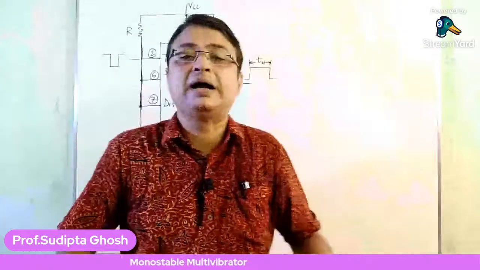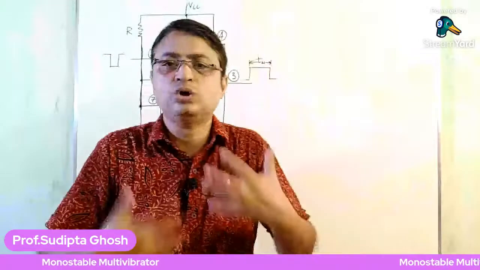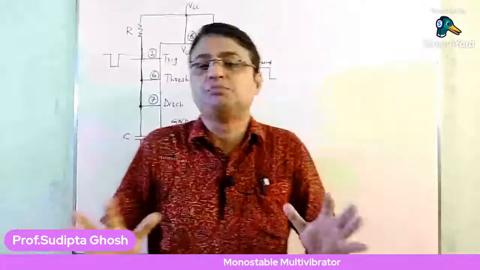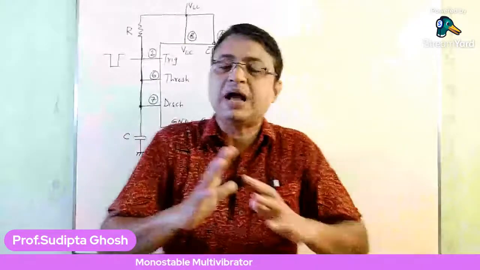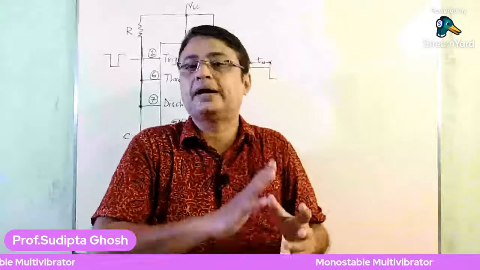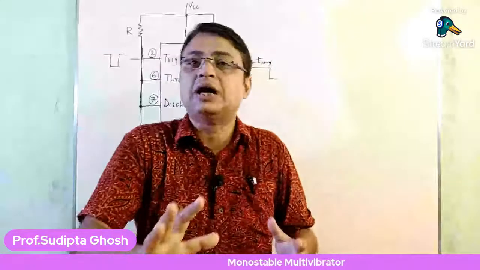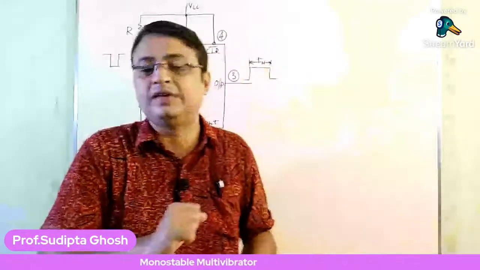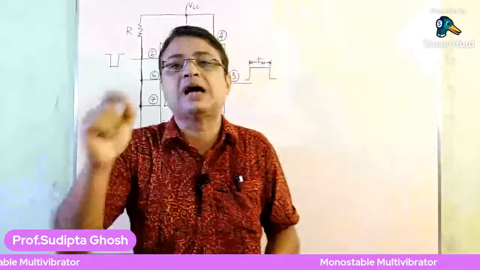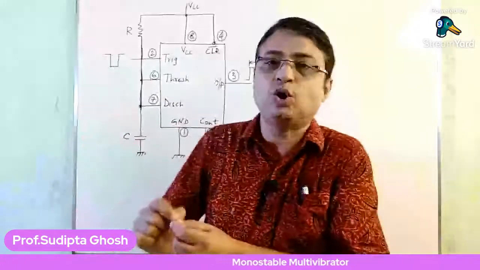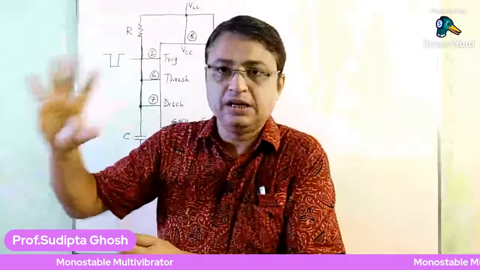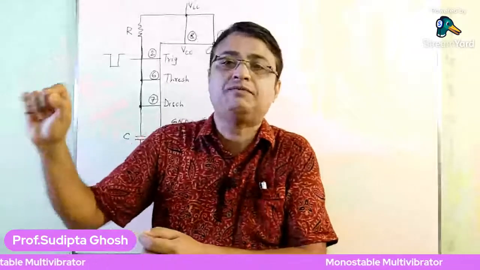I am repeating to have a simplified picture of this monostable multivibrator. As the trigger comparator goes high, its output is connected to the set input of the SR flip-flop, so the flip-flop output, the Q output, is high. That means Q bar is low, and the final output of the 555 timer is high. You just remember that the output of the 555 timer is high.